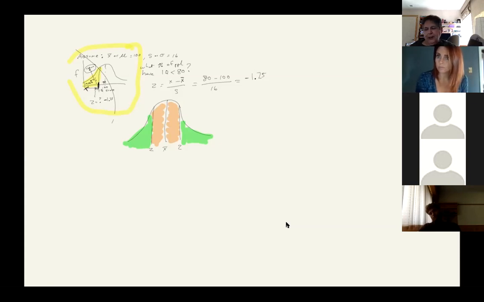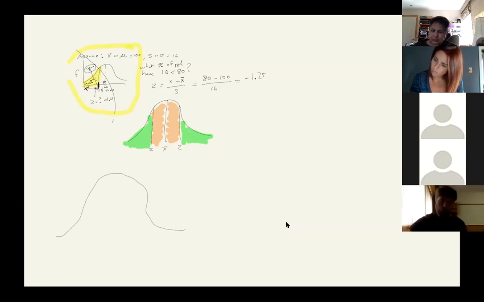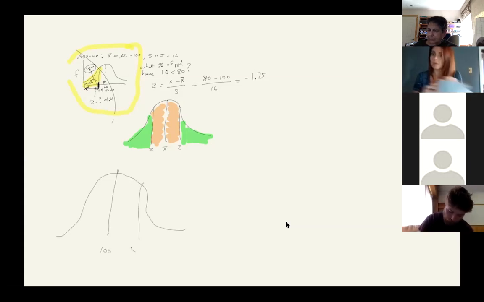What percentage of people have an IQ above 132? Draw the picture. I always draw in what I want to know.